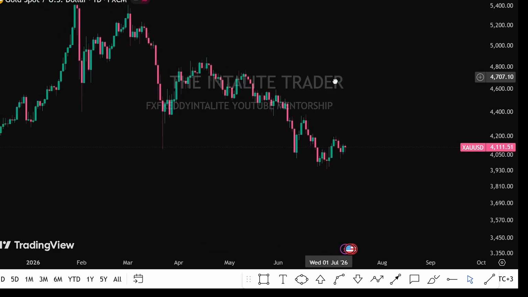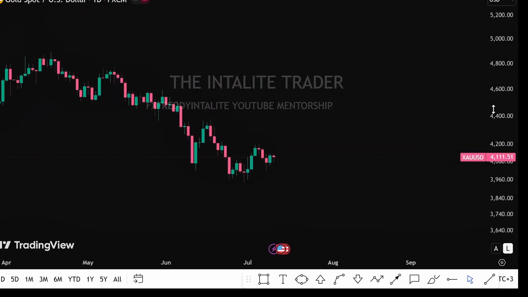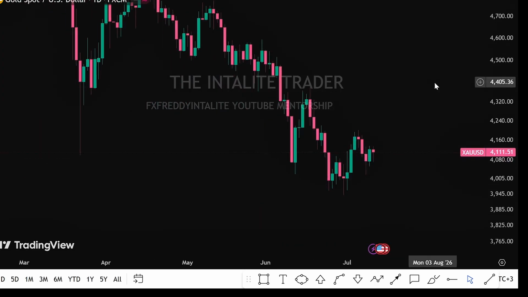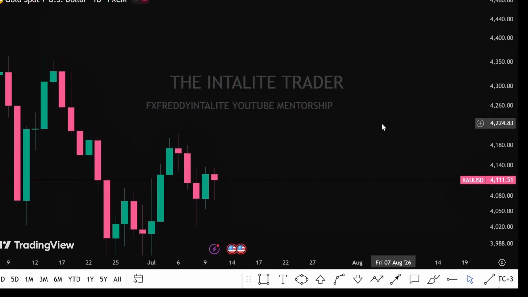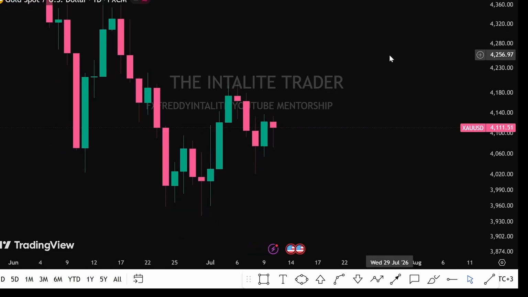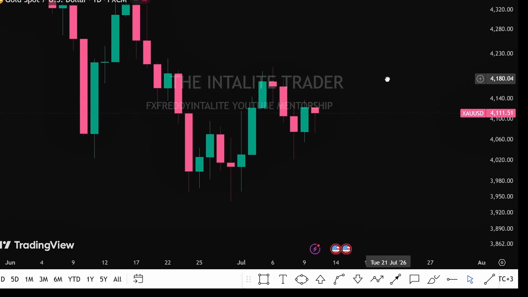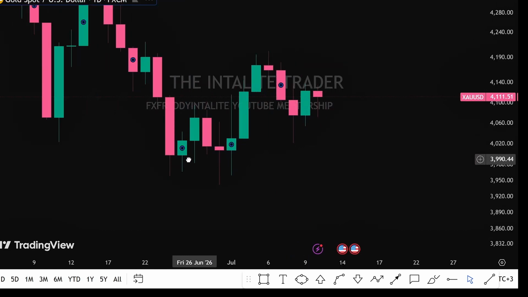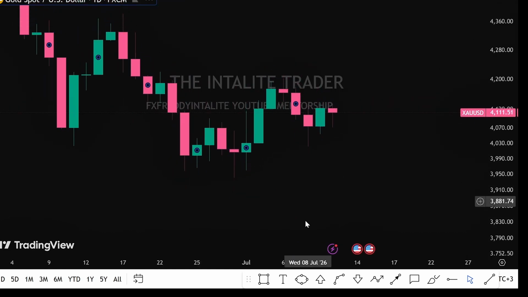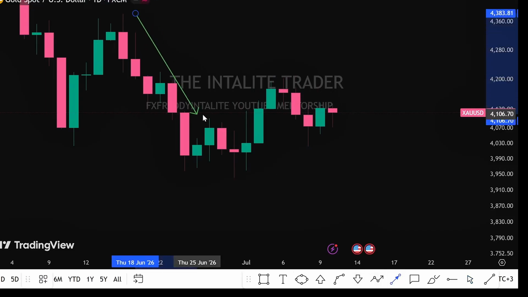When we come to our charts, we are going to be referencing what we have just learned. If you look at this candle, you see price here was selling.